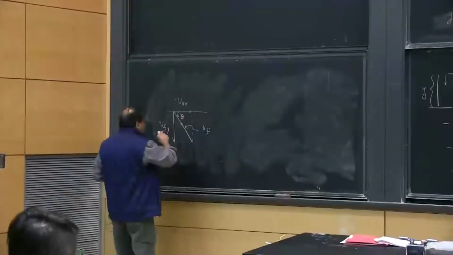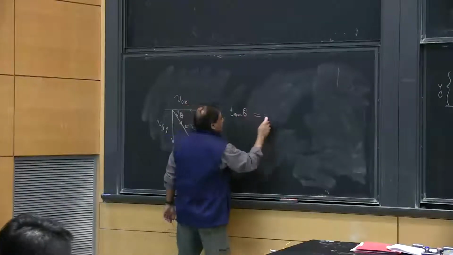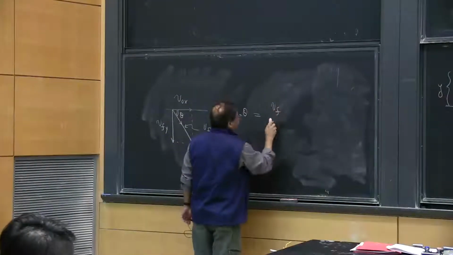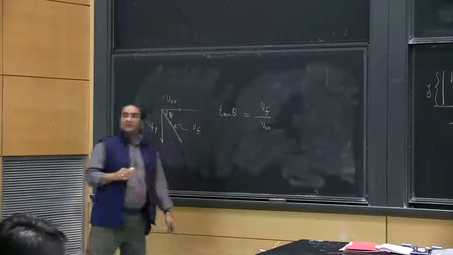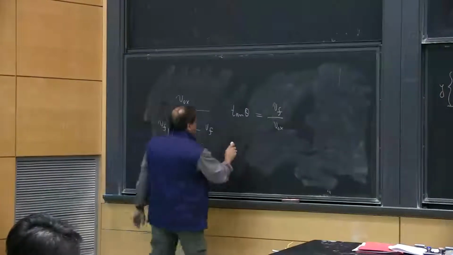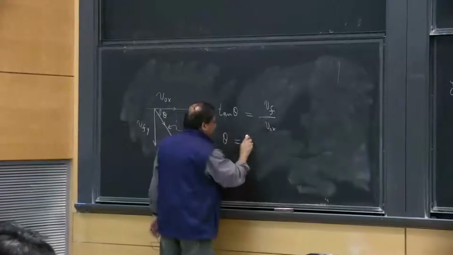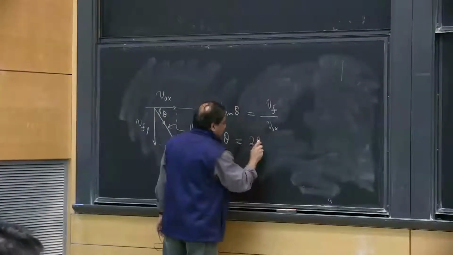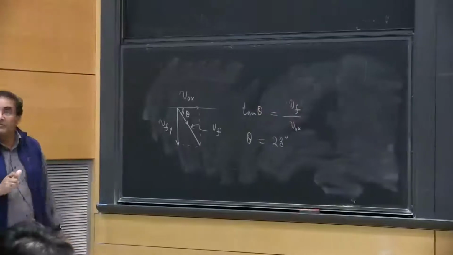In this case, the tan of theta that you will get is going to be v final over v0x, and this quantity probably will come out as some positive number. So what does that mean? That would typically mean that you will get a positive theta. Let's say, just for the sake of argument, that theta is 28 degrees. Okay? So you have to be careful now as to how you report the result.